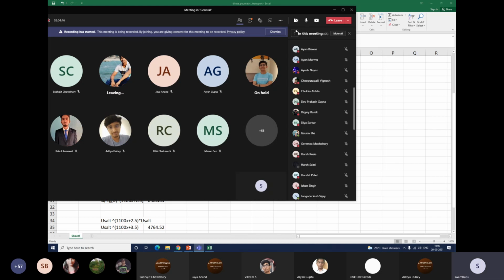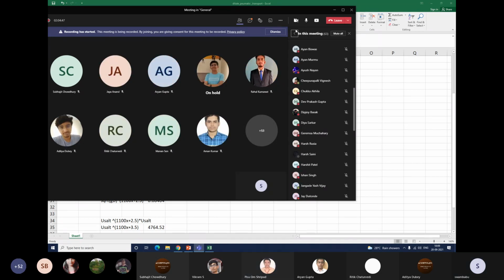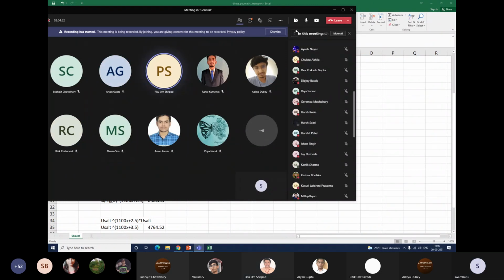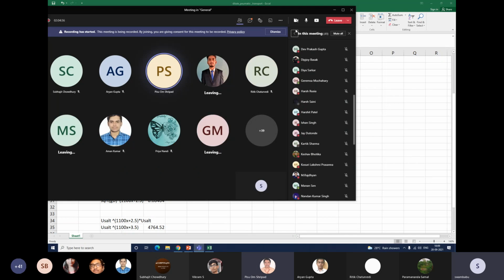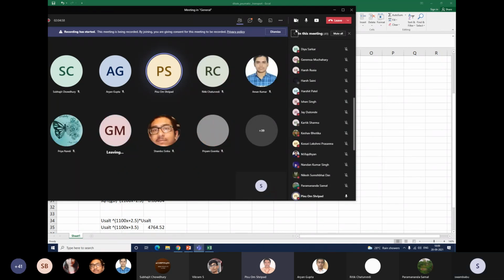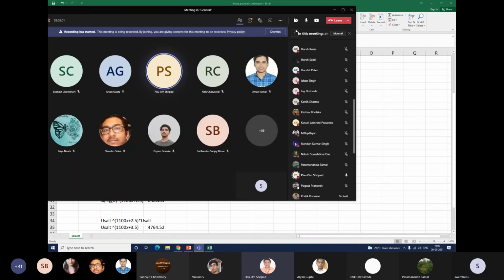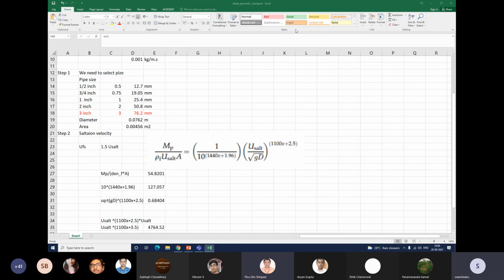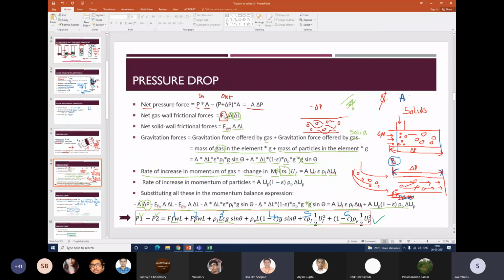Sir, I have a doubt. Yes, Sripad. Sir, I could not understand why the particle velocity is 0 in the B case. Where? In this case, here. Oh, particle velocity is not 0. But we are not accelerating.